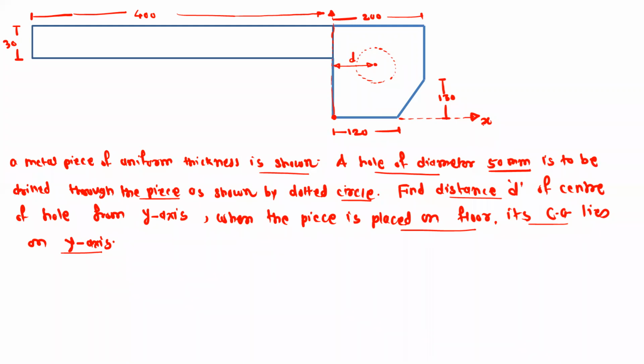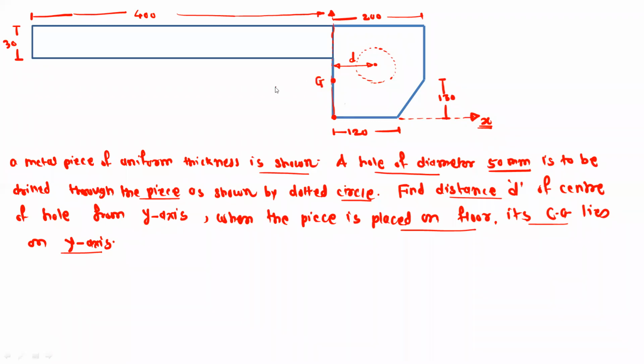So this is the x-axis and this is the y-axis. The condition given is that the center of gravity for this complete metal piece lies on the y-axis. So suppose this is the position of the center of gravity, so this is G. Okay.